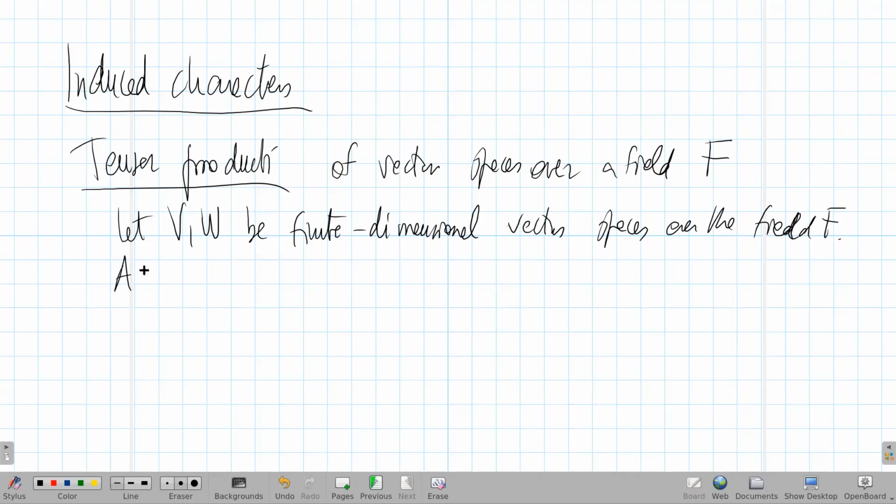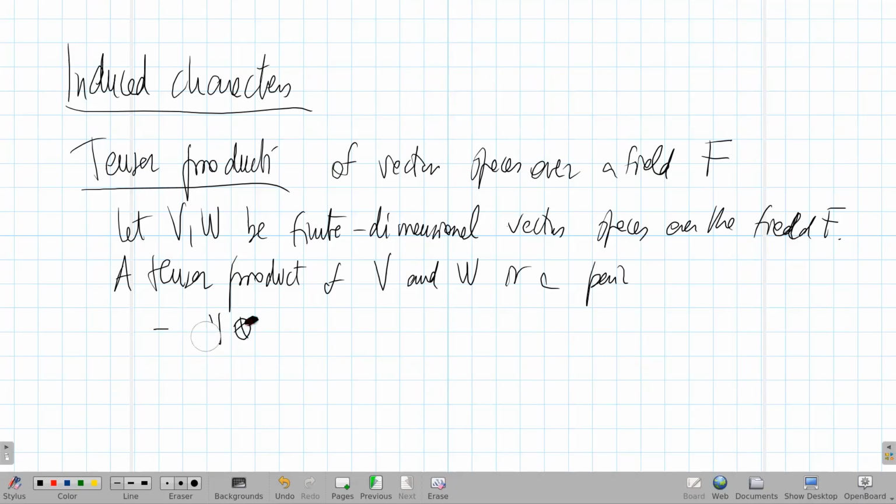So a tensor product of V and W is a pair. Well, one normally refers to just a single object, but it is a pair, where the first component is an F vector space, which we call V tensor W. Let's write an F here.